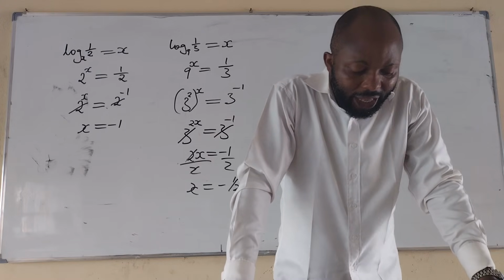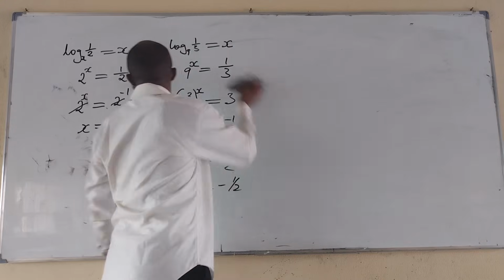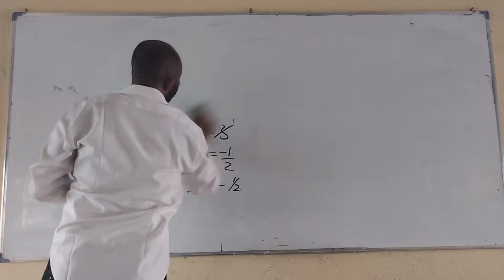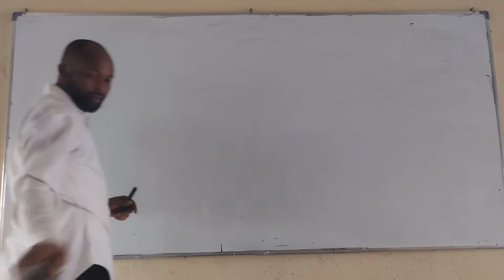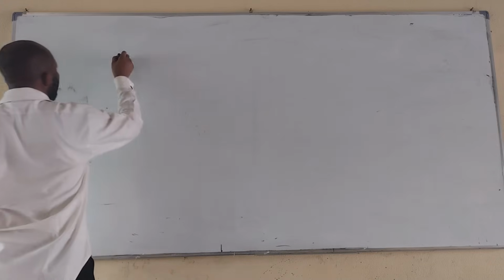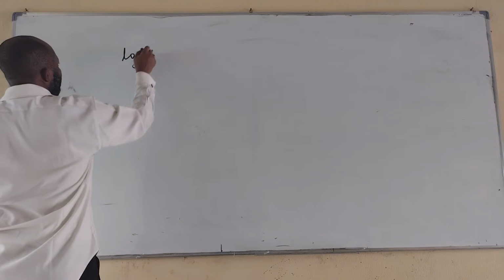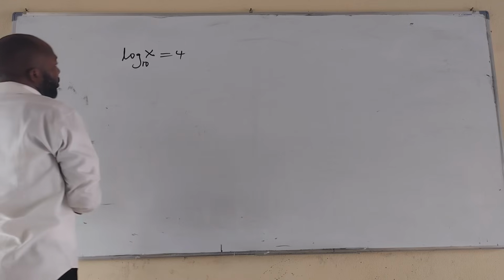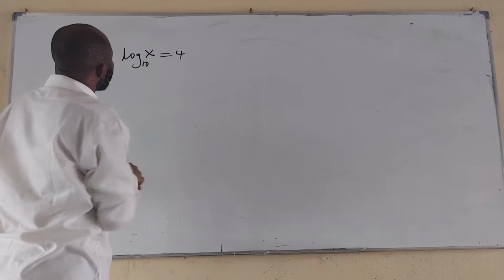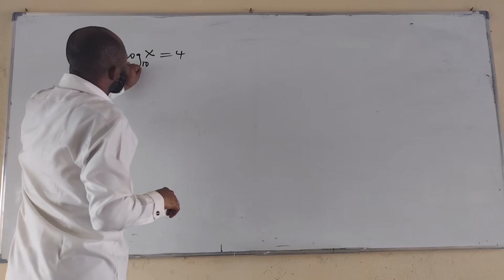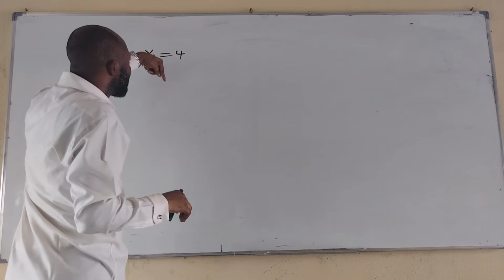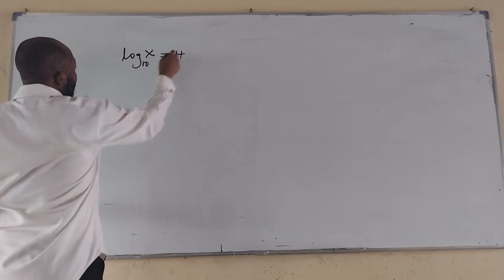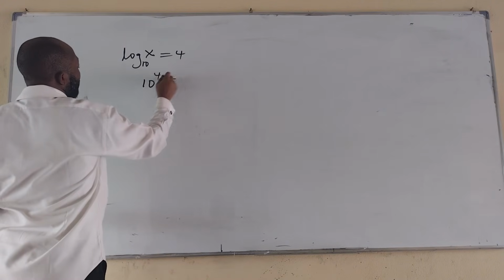Log x in base 10 is equal to 4. So this still tells you that the number of times 10 has to be raised in order for us to get x is the same. So this becomes 10 raised to the power 4 is equal to x.